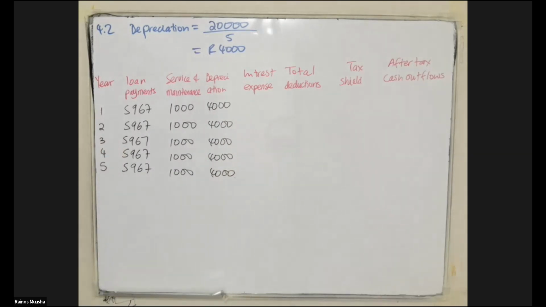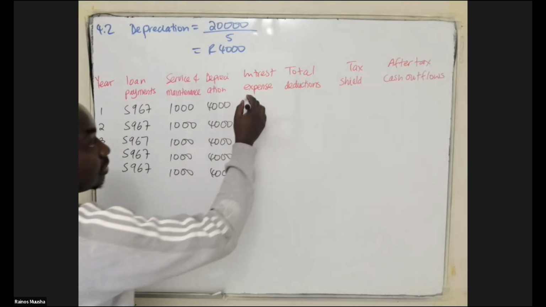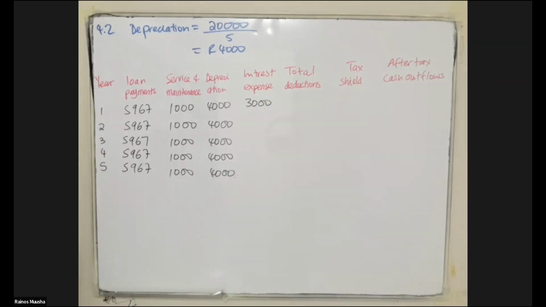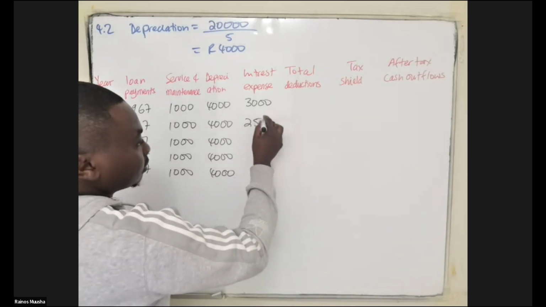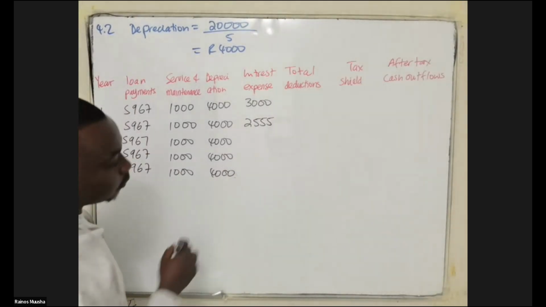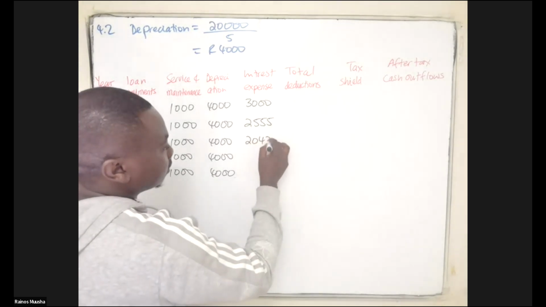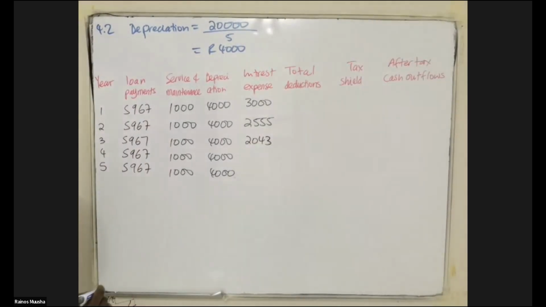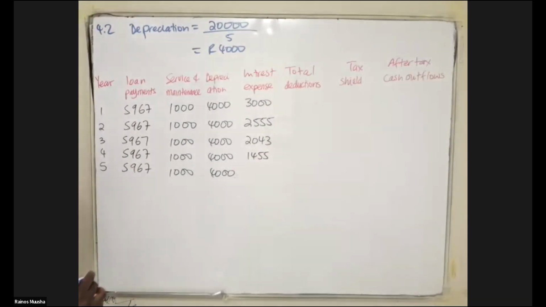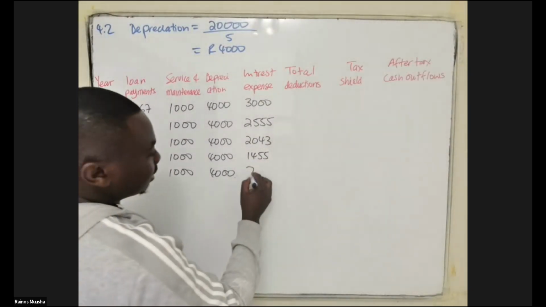From the previous calculation, we were able to deduce the interest expense: in the first year, it was 3,000. In the second year, it was 2,555. Then it was 2,043, then 1,455, and lastly, 778.